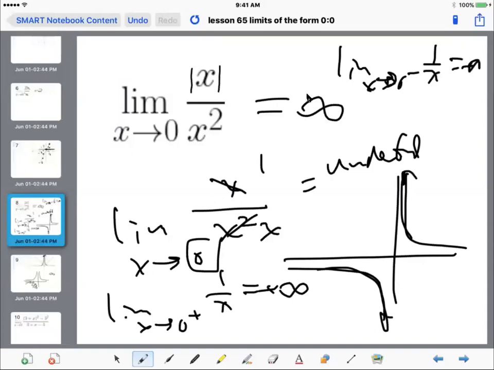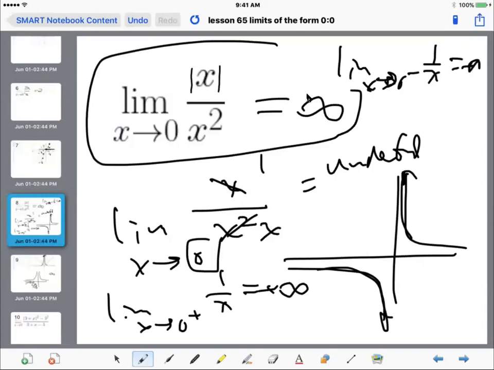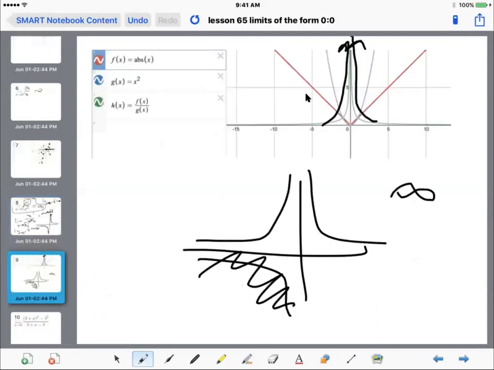But I didn't do either of those. I threw an absolute value around the numerator, and then it actually did have an answer, because even though I don't have a plus or a minus here, they have the same answer, because from the left or the right, they both go up to positive infinity. So having the graph is definitely useful for that one.